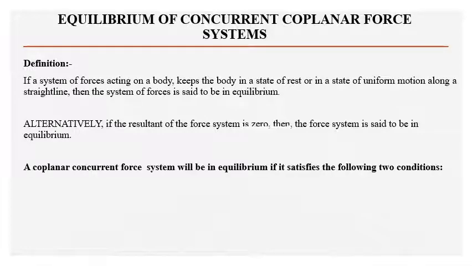The algebraic summation of all the forces in the horizontal direction as well as in the vertical direction is equal to 0. That is, sigma Fx is equal to 0 and sigma Fy is equal to 0. These are the two conditions if the system of forces are coplanar concurrent forces.